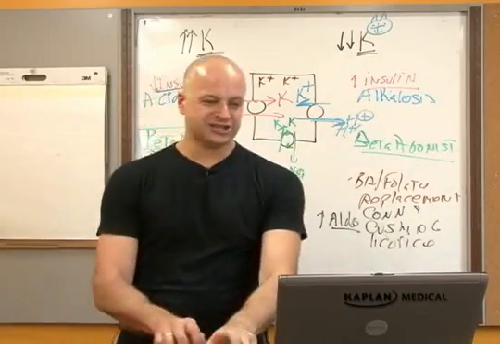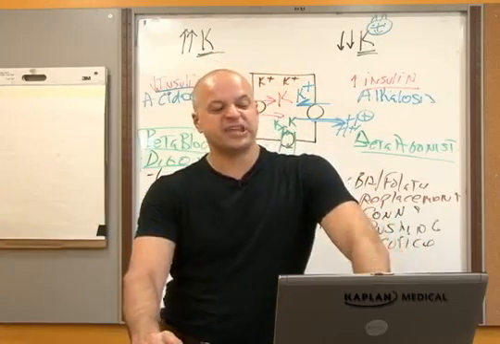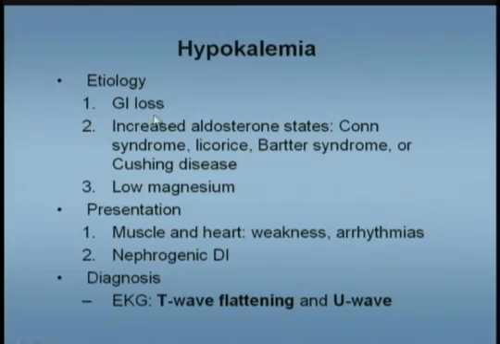Well, let's look at our tape here. GI loss of potassium, yeah, particularly from the colon. The colon is a potassium excreting organ. Aldosterone makes you retain sodium and excrete hydrogen ions, so if you have extra aldosterone, you're going to excrete potassium. Bartter's syndrome is like being on Lasix all the time.